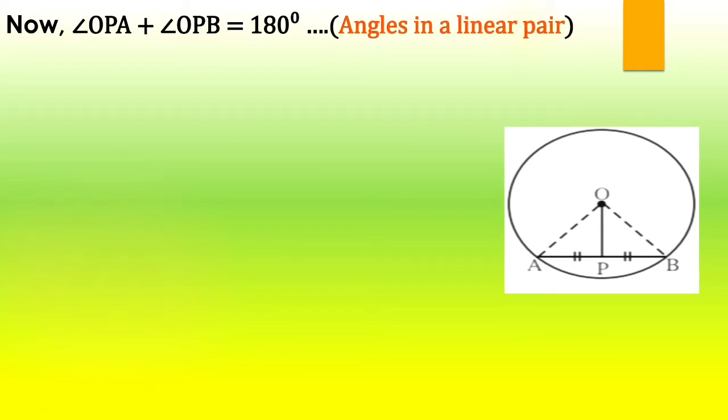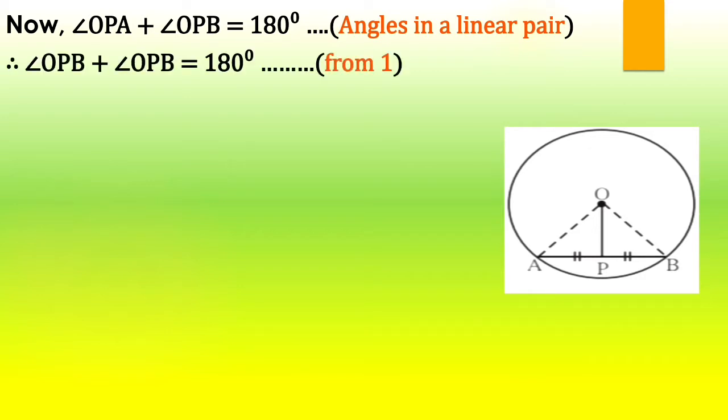Now children, angle OPA plus angle OPB equal to 180 degree, angles in a linear pair. But we have already that angle OPA is congruent to angle OPB, the equation number 1. So we'll replace the angle OPA with the angle OPB.